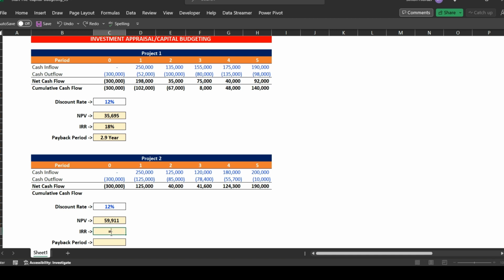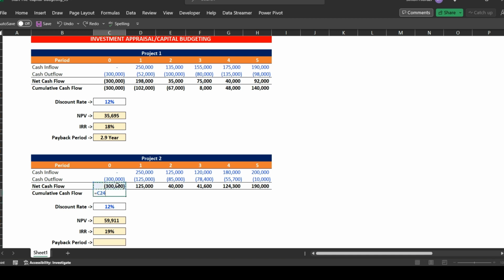Then let's also find the IRR as well. So start typing IRR here. Here you highlight all the values, the net cash flow at the end of the years, starting from year 0 to the end of the project. Enter. So you can see that it's 19%. Then again, let's also find the cumulative cash.